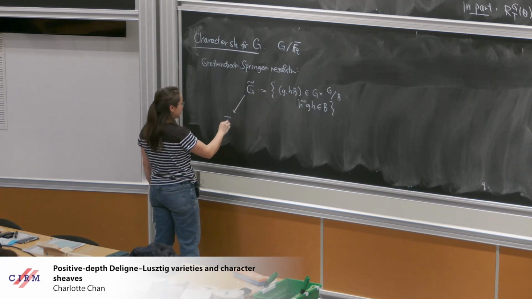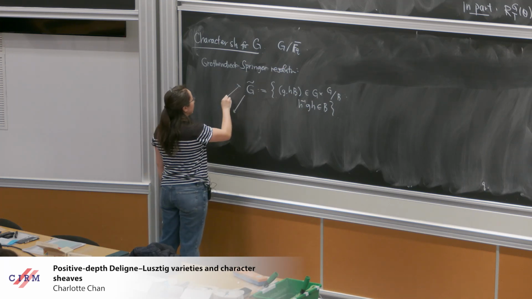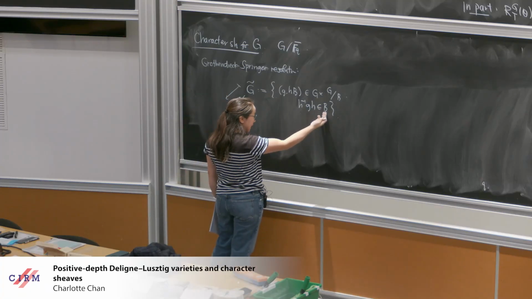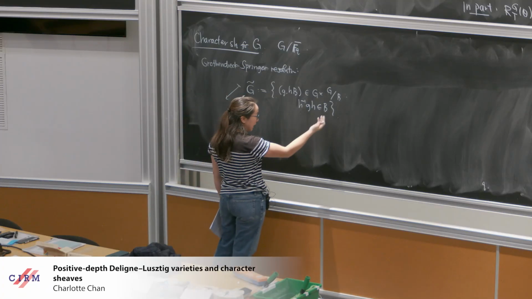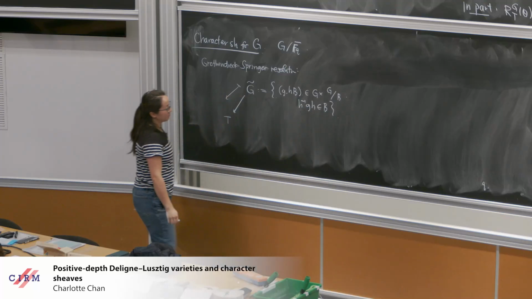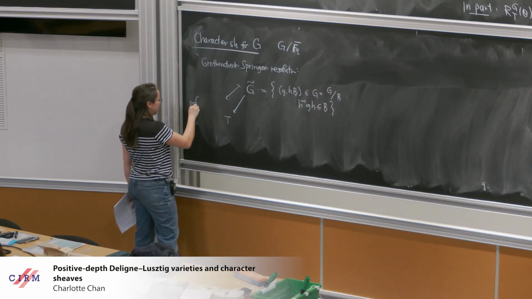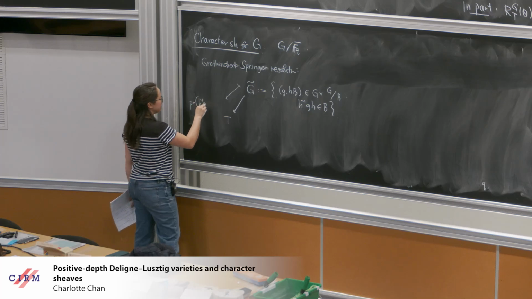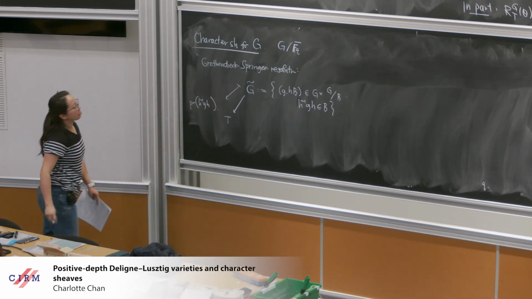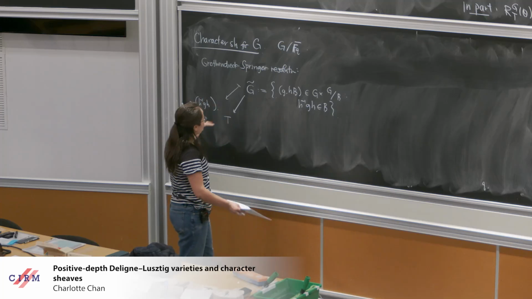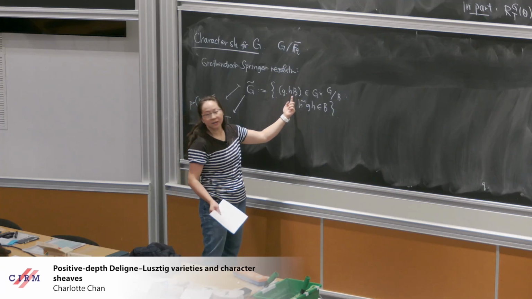This has two natural maps. It has a natural map to T given by, I take these two things. I know that h inverse g h is inside B, and so I can get to something inside T by mapping down to T from B. So I take the projection onto T of h inverse g h. Okay, so there is something to check here, which is that this projection didn't depend on the coset representative.